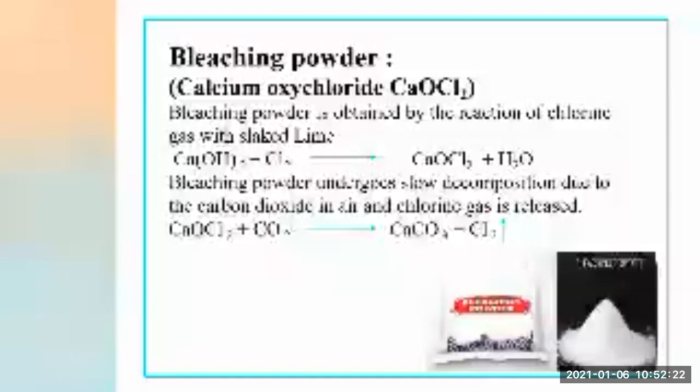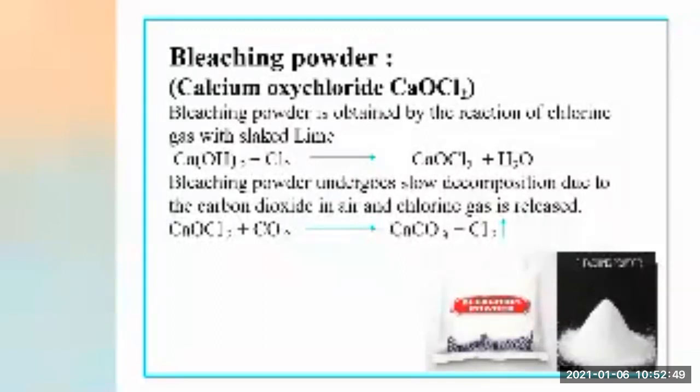Ca stands for calcium, O, oxy, means oxygen, and Cl2 is chloride, that is CaOCl2. Now see, when you remember the chemical formula, you can easily say the chemical name of it. Ca is for calcium, O is for oxygen, Cl2 is for chloride. So we can easily tell that the chemical name of this is calcium oxychloride.